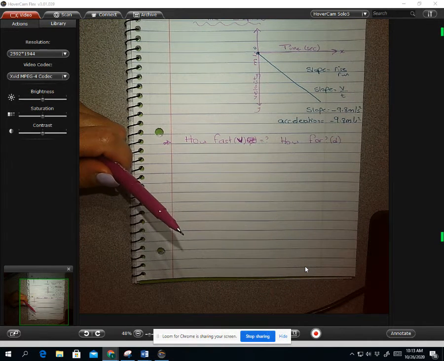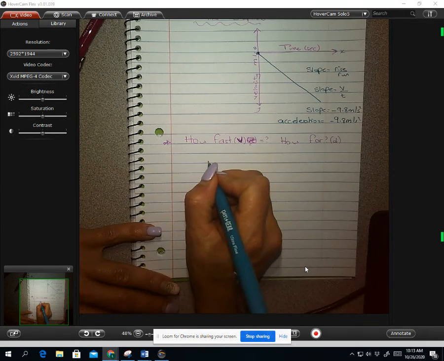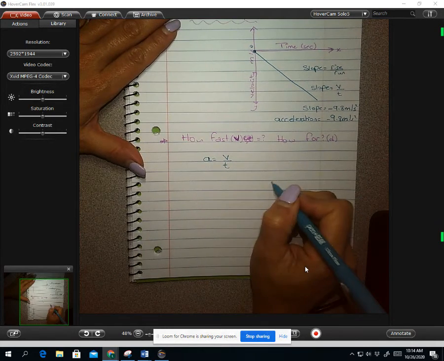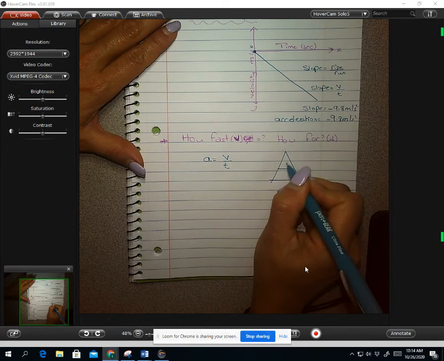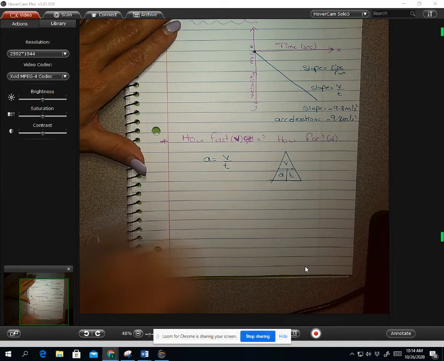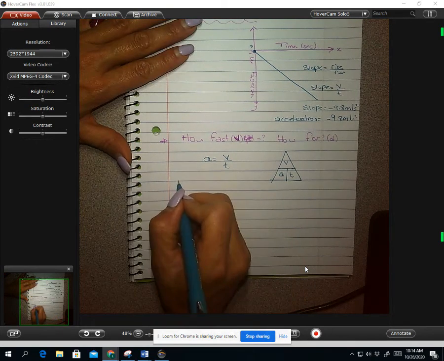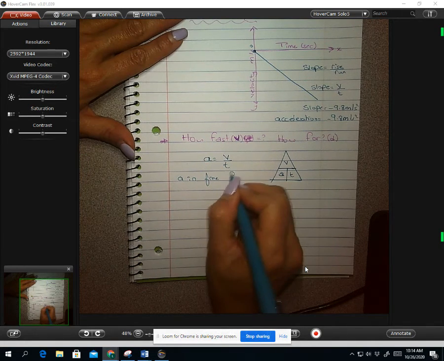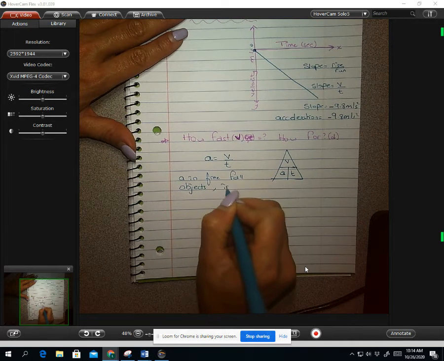Okay, so we agreed that the acceleration was velocity over time. So if you're doing it this way, you know that the velocity is a times t. In this case, a is your acceleration. So we can represent a in free fall bodies or objects, in free fall objects, as the gravity.